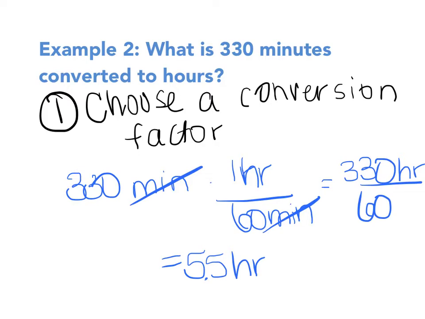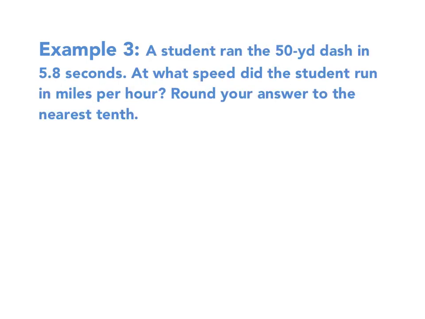So 330 minutes converted to hours is 5.5 hours. This is an example of a problem that's a little bit more challenging than other unit conversion and rate conversion problems would be. But that's okay. I'm going to walk you through it, and if you don't understand it, please ask questions about it on Monday, and I'll do my best to help you.